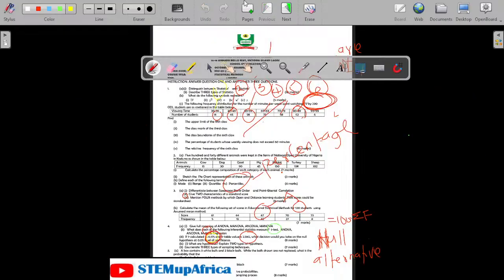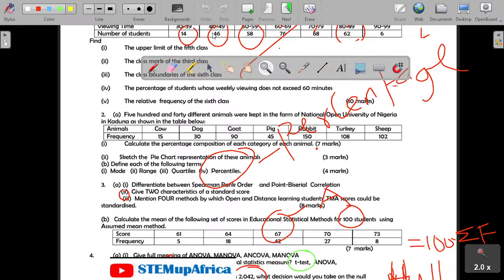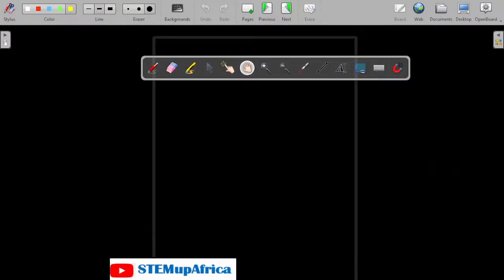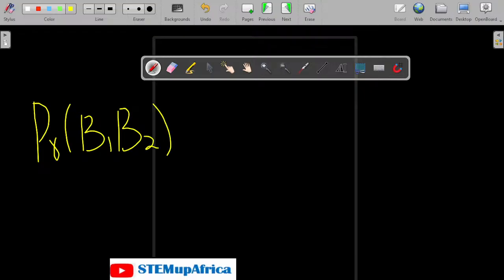Then Roman figure 3. Now, the probability that both balls are black. That means the first one is black and the second one is black. So the probability is 2 over 5 times 1 over 4.